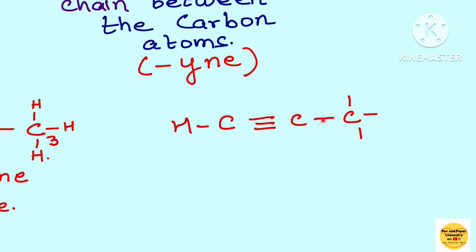How many bonds can it form? It can form only 4 and it is already forming 4. So no hydrogens to be attached to this carbon atom. Now the challenge is to name this organic compound according to the IUPAC. Look at the number of carbon atoms. 1, 2, 3.